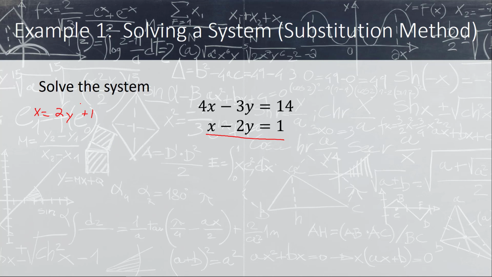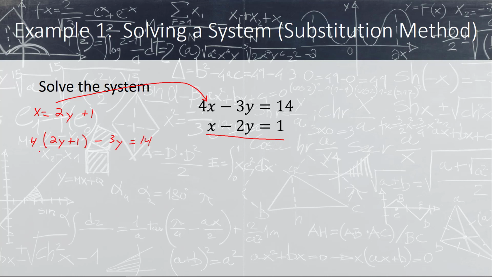Once we've done that, we can take this value and substitute it in for x here. Then we will have 4 times, instead of x, 2 times y plus 1, minus 3y is equal to 14.